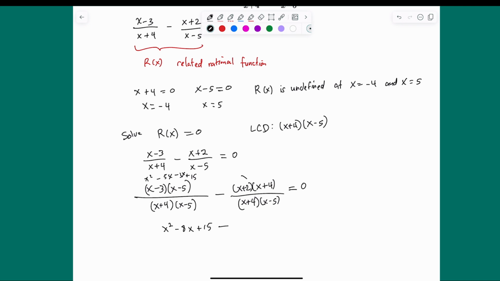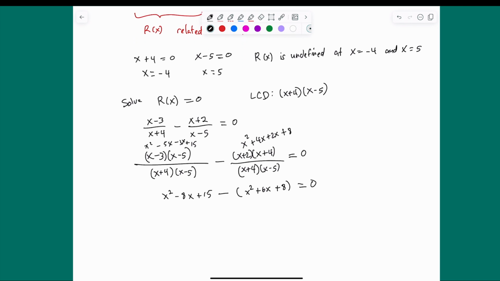Then minus, well, (x + 2)(x + 4) is x² + 4x + 2x + 8, so combining like terms, x² + 6x + 8, and this is all equal to 0. I'm going to distribute my negative to get x² - 8x + 15 - x² - 6x - 8 = 0.